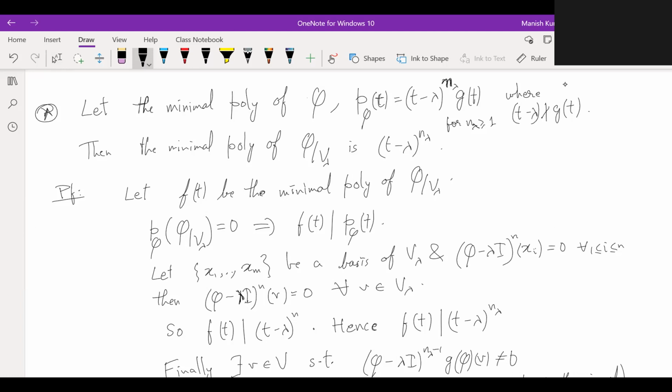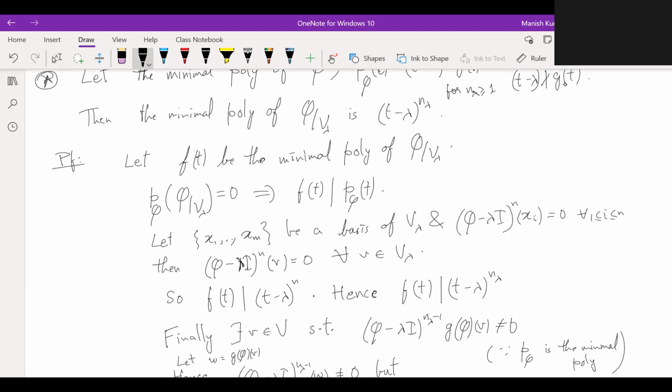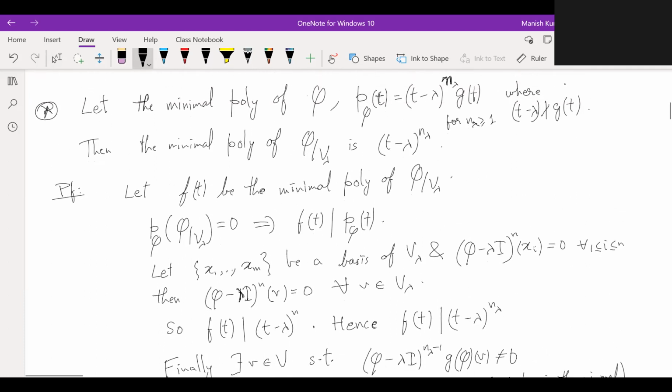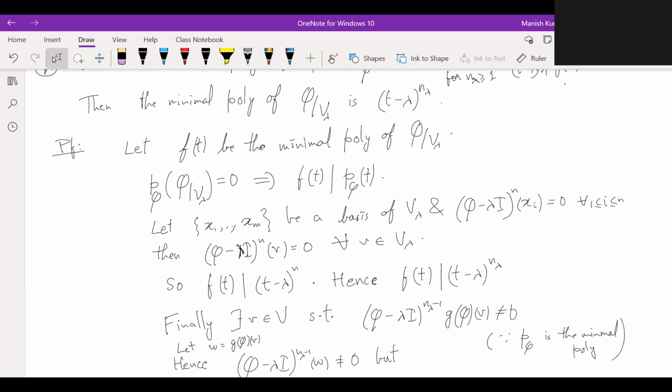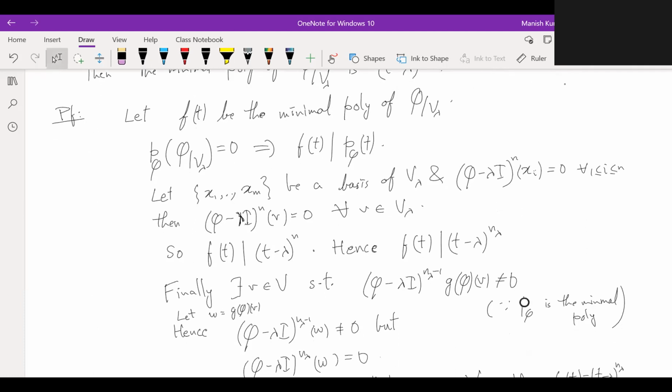So if I plug in phi in that polynomial with n lambda minus 1, this is not a zero linear operator on V. If it were a zero linear operator, that would contradict the minimality of p phi(t) as the minimal polynomial. So since this is not a zero linear operator, there exists v such that (phi minus lambda I) to the power n lambda minus 1 times g(phi) applied to v is not 0. So you can find a non-zero vector v such that this thing is non-zero, because p phi is the minimal polynomial.